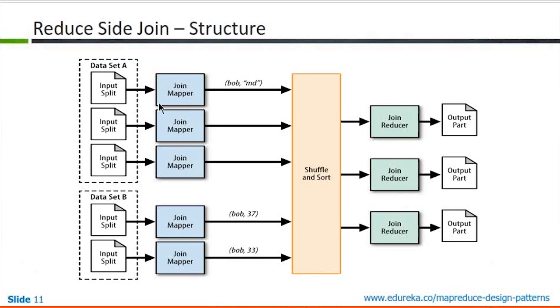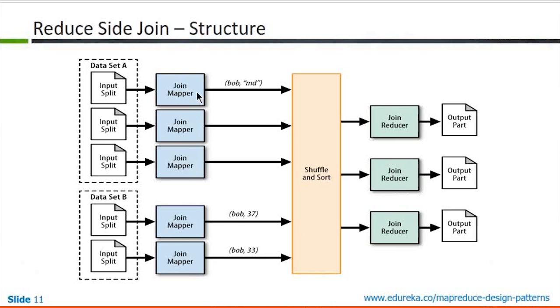Okay, so what you do in the join mapper is the mappers will emit keys as the foreign key. So there has to be a foreign key on which you will combine these 2 data sets together. So data set A and data set B are going to combine on a foreign key. In this case, it happens to be the first name in this example over here, the first name of the person.